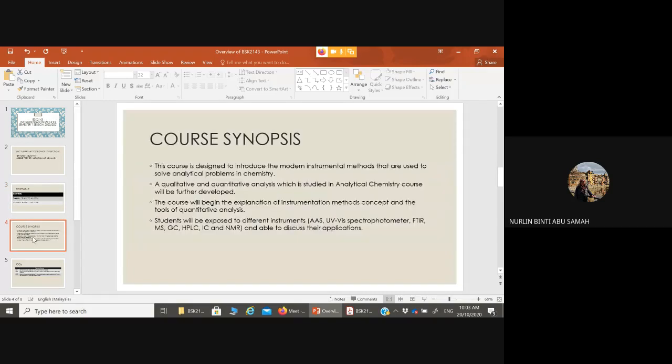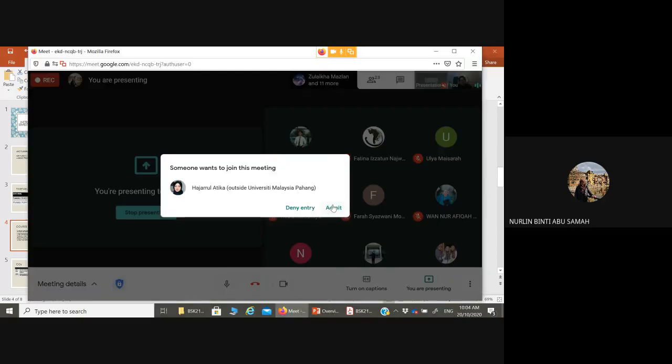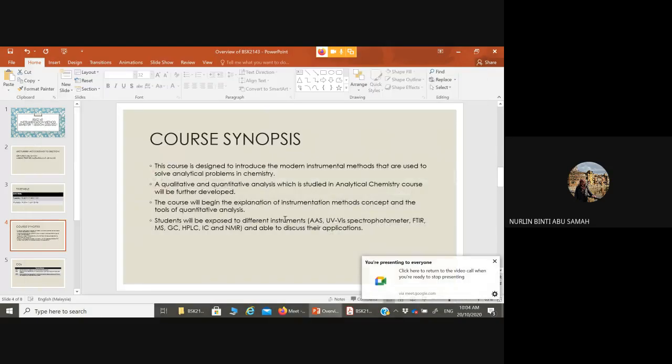What you're going to learn in this course. This course is designed to introduce the modern instrumental methods. I believe that by the time you took the analytical chemistry class, all of the knowledge was about the classical method, more towards titration. So this is an extension of analytical chemistry.